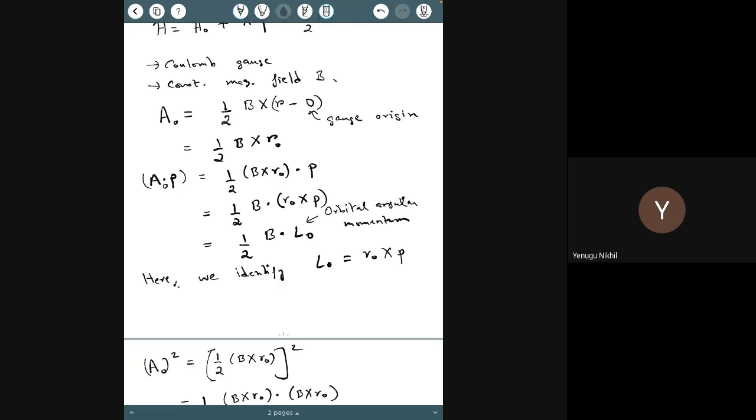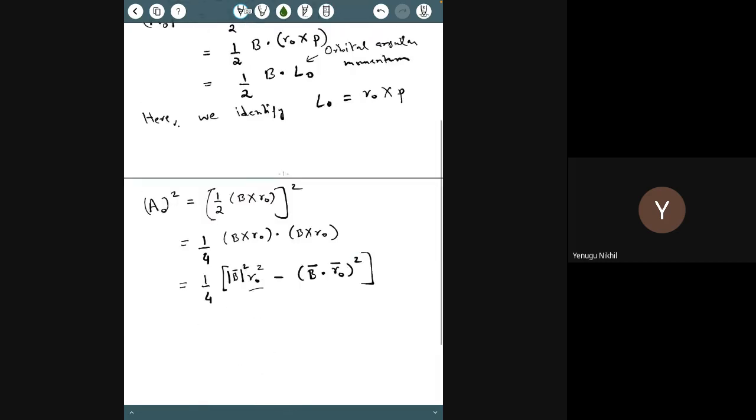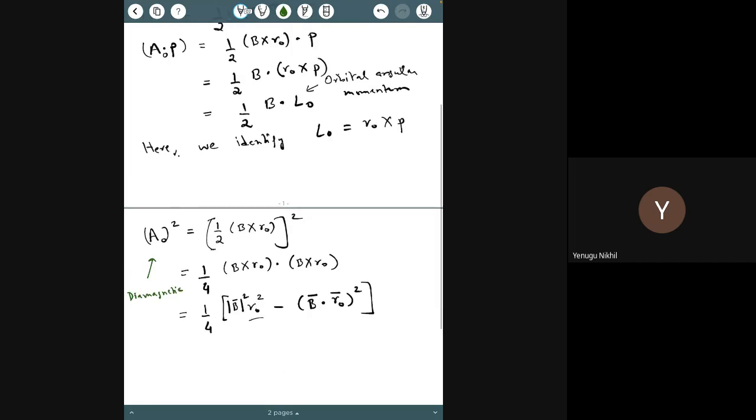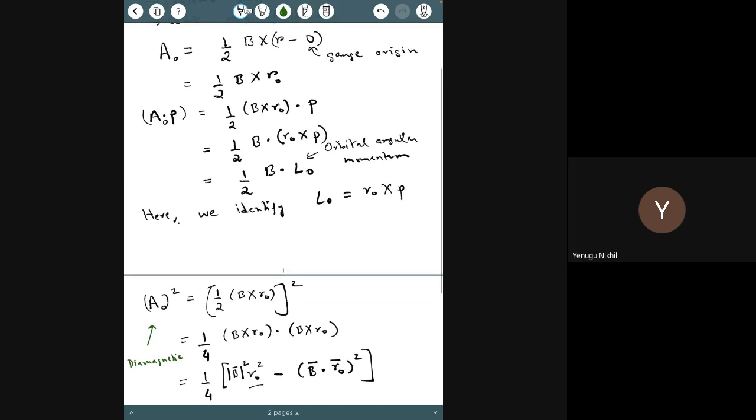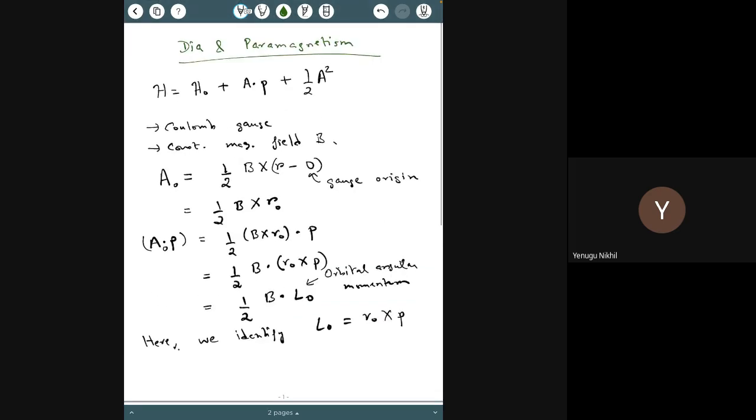Now, let me write that. So this is the magnetic term, and the interaction with the orbital angular momentum is not necessarily that. It can have both roles.